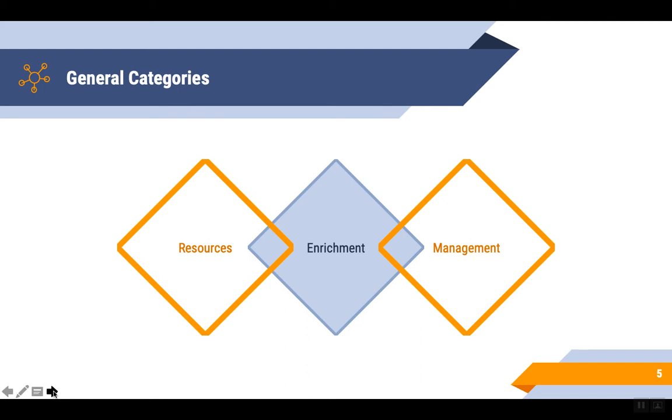If you are the resources group, you're just going to keep playing because you're the first one. If you're the enrichment group, you can see what time you can skip to in the video to start that work. And for management, you'll look at the timestamp for that section and skip to that part to start exploring from there.